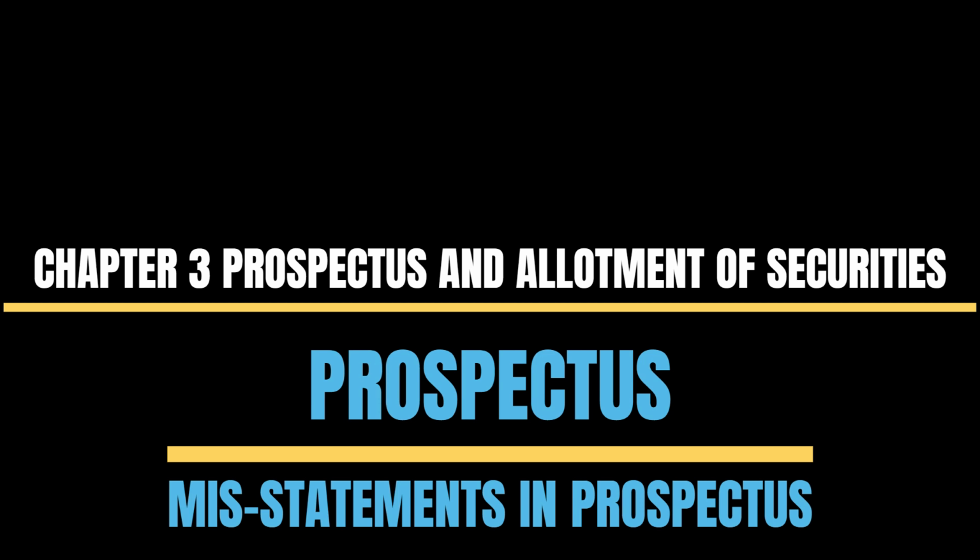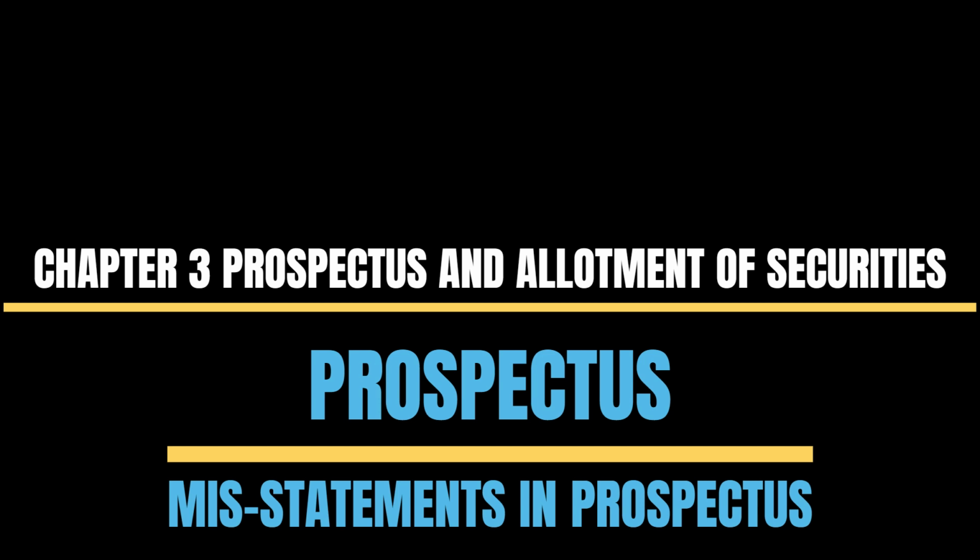Offences under Section 35: loss or damage to a subscriber of securities as a consequence of acting on the basis of inclusion or omission of any material matter in the prospectus which is misleading the subscriber. Who shall be held liable?